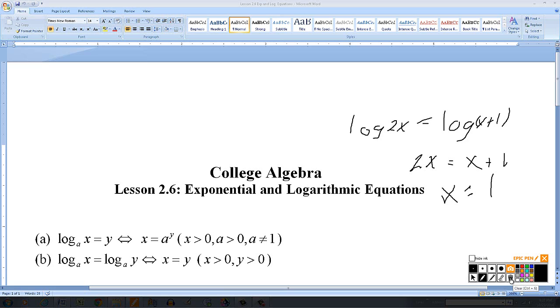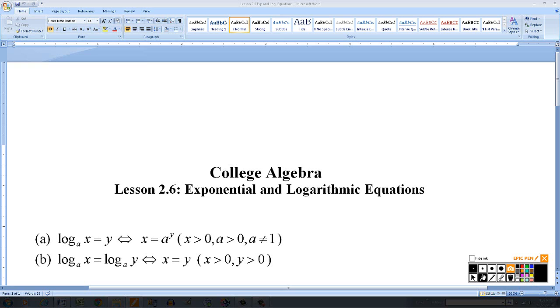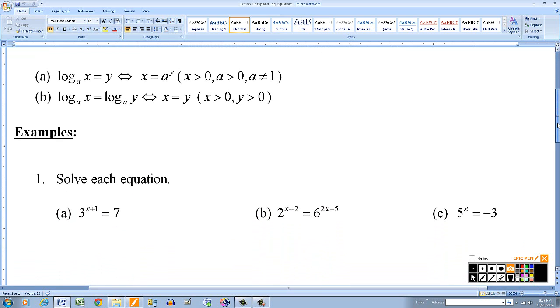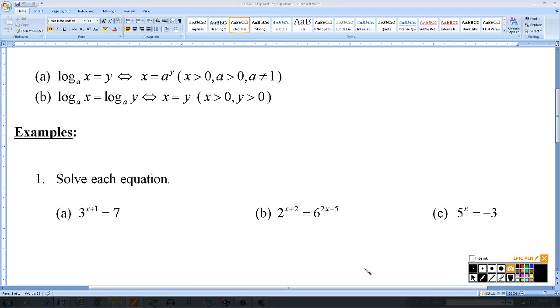So let me just clear this, and let's look at the first one. Solve each equation. Okay, so if I have an exponential equation, it's in this particular form. Now if this 3 here had a coefficient, I would want to divide through. I want it in this form, where I just have the exponential by itself equal to some number. Because now I can take the log of both sides, and you can use log to base e or base 10, it doesn't matter.